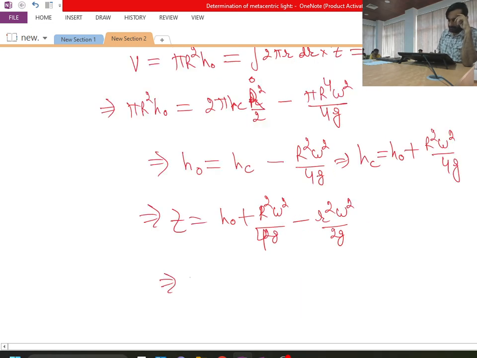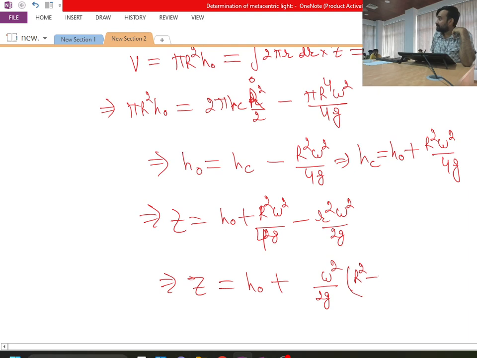And ultimately I will be getting Z equal to H naught plus omega square by 2G into R square by 2 minus r square. Okay, so this is my equation of the free surface.